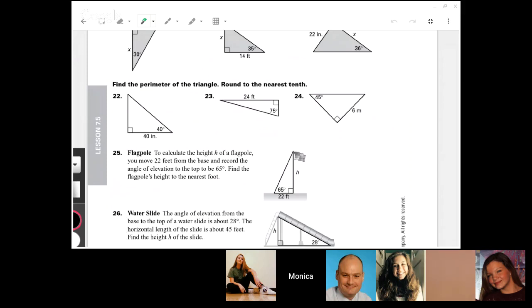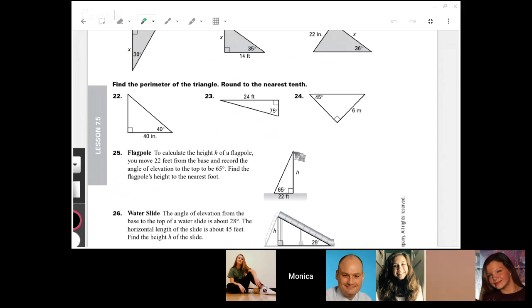Now, how do we find a missing side on a right triangle? I'll give you a hint.